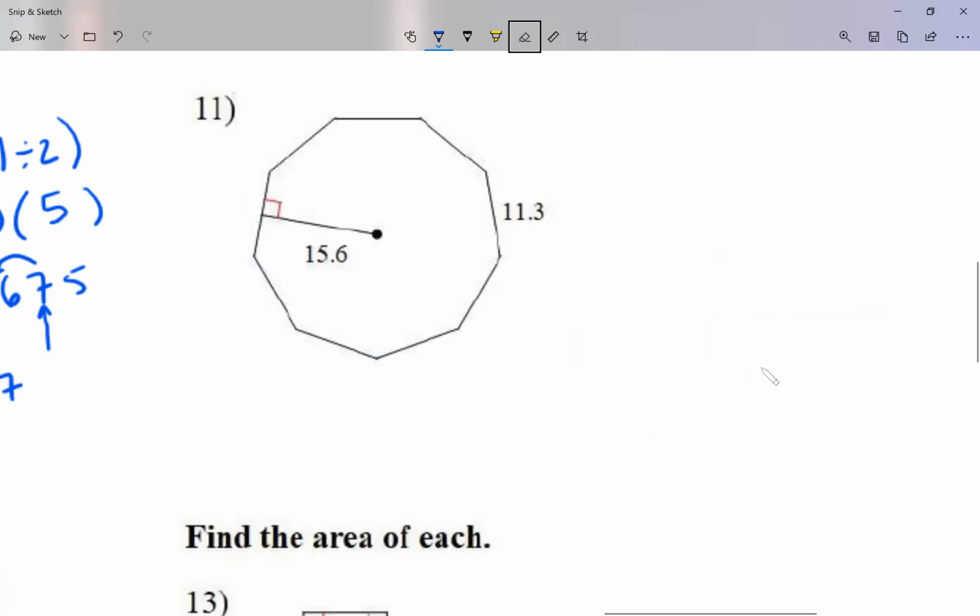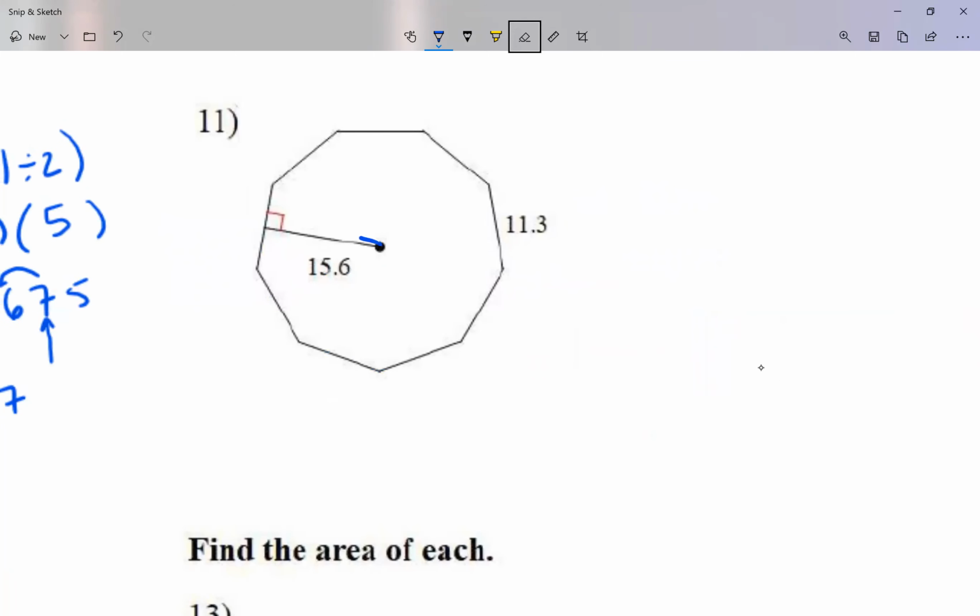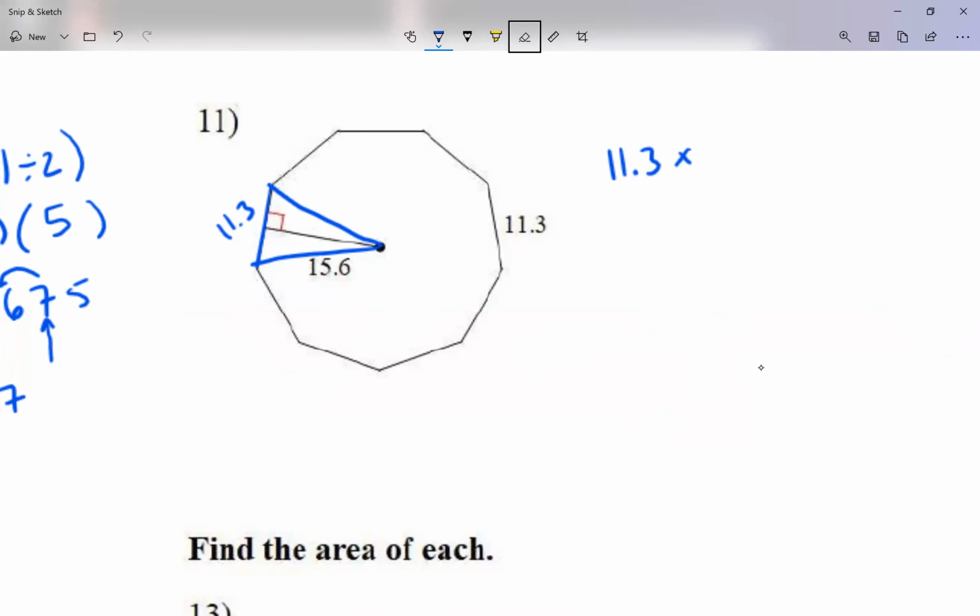All right, let's take a look at question number 11. I'm looking at this triangle here. Each measurement outside of the polygon is 11.3. So for that triangle, I'm going to go 11.3 times 15.6 divided by 2.